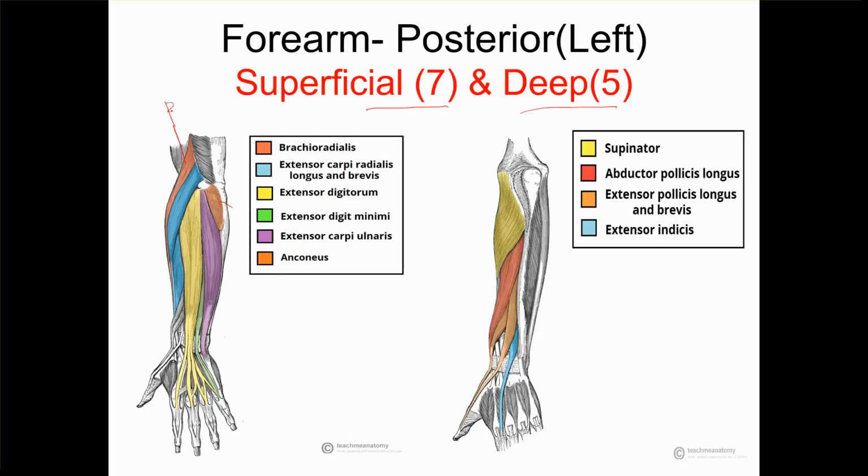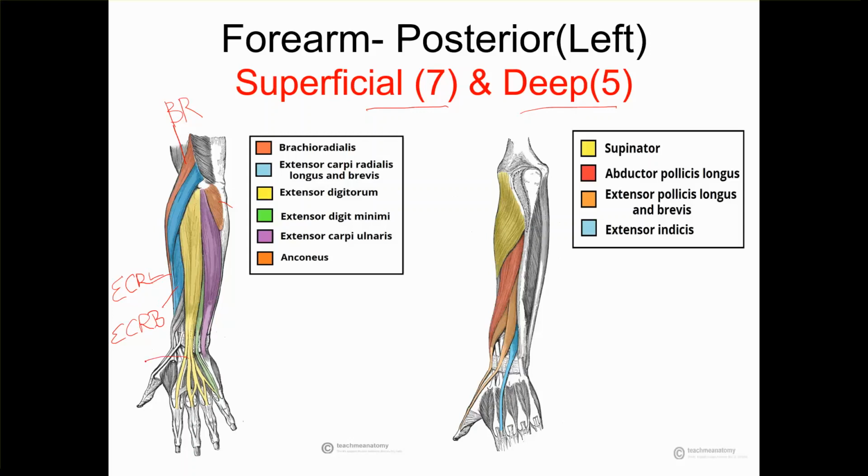Then you have the next muscle, extensor carpi radialis longus. Can you see this is having the long tendon? The next one will be extensor carpi radialis brevis. And the next is called extensor digitorum.